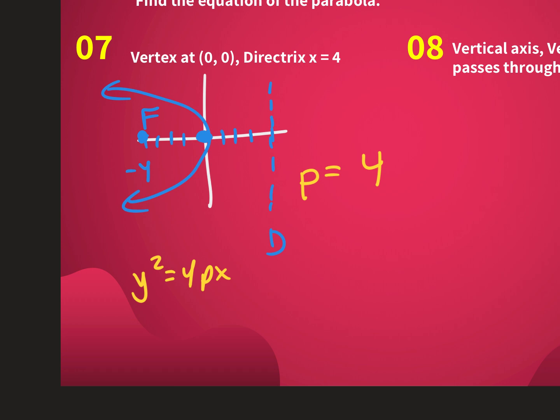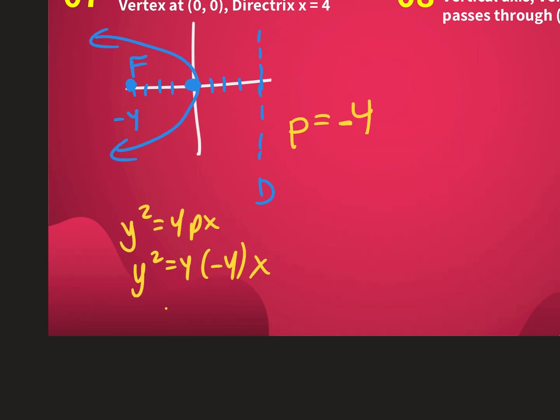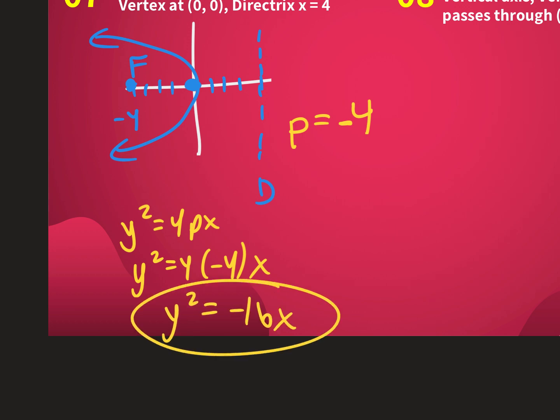It's opening to the left, so it's negative. So you have y squared equals 4 times negative 4x. So your equation is y squared equals negative 16x. Remember, if your parabola opens left or down, your p-value is negative. If it opens up or to the right, your p-value is positive.